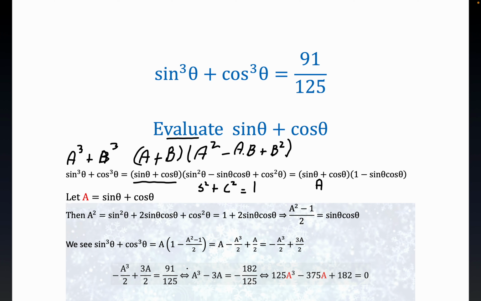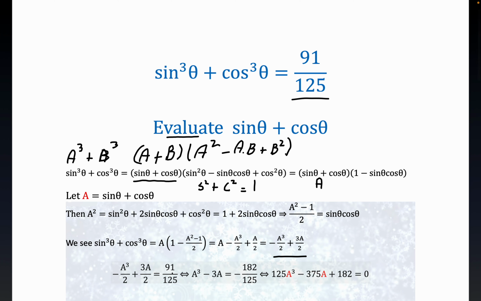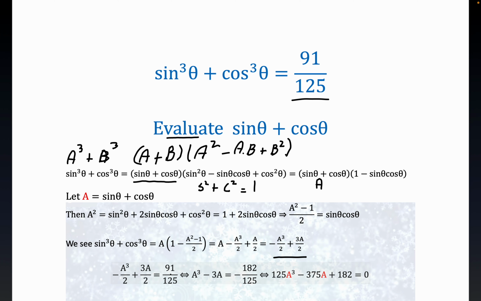And so when you do all of that, here's what you end up with, folks. So we do know that sine cubed theta plus cosine cubed theta is equal to this in terms of a. And the rest of this is just coming back up here and doing the 91 over 125, which is what I've done right here. Now, again, I'll omit some of the details here.